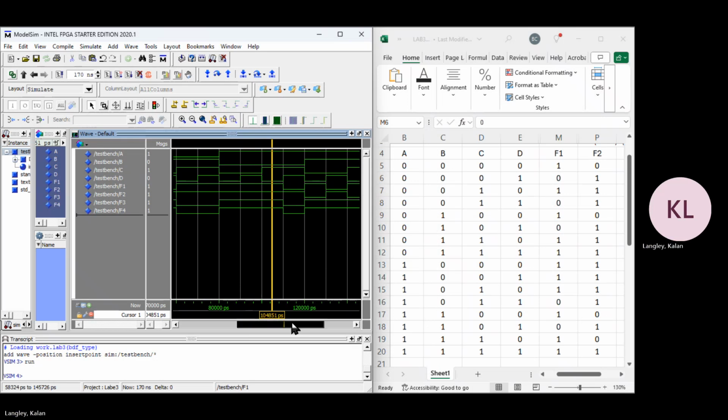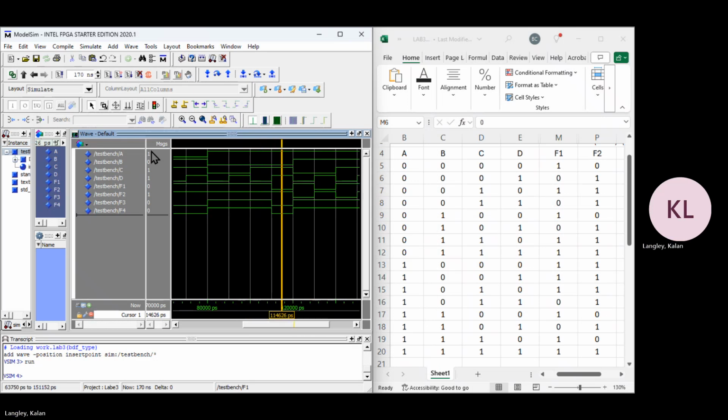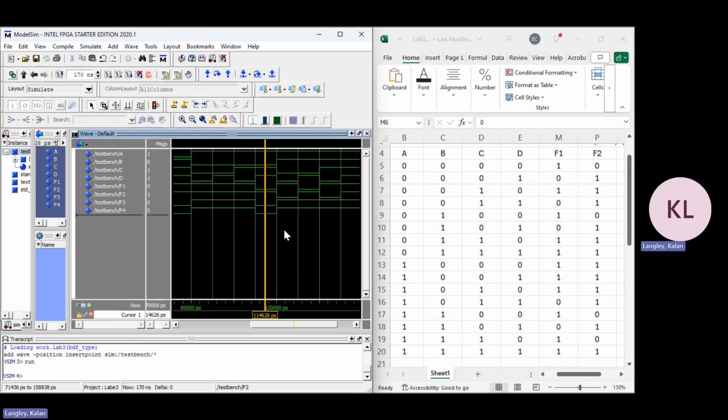ACD, 0 and 1 for F1 and F2. To AB, 1, 0.